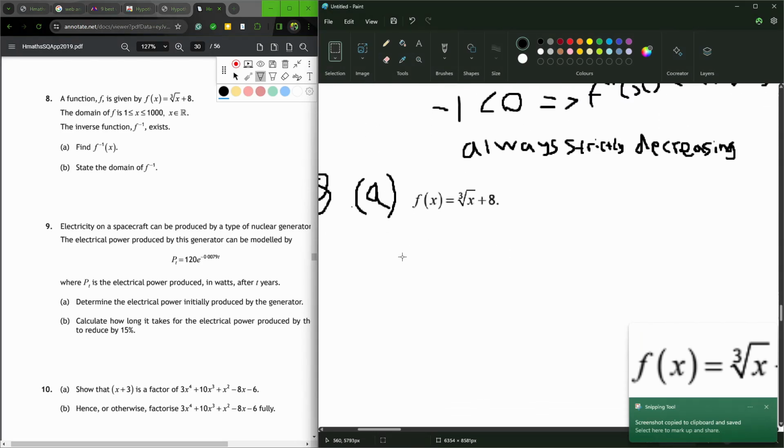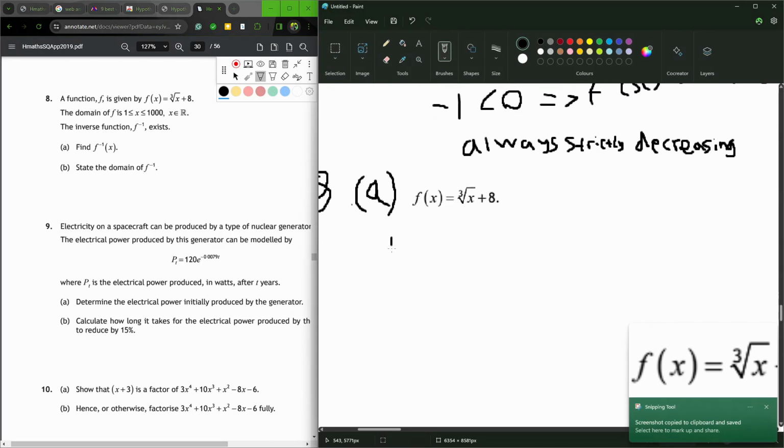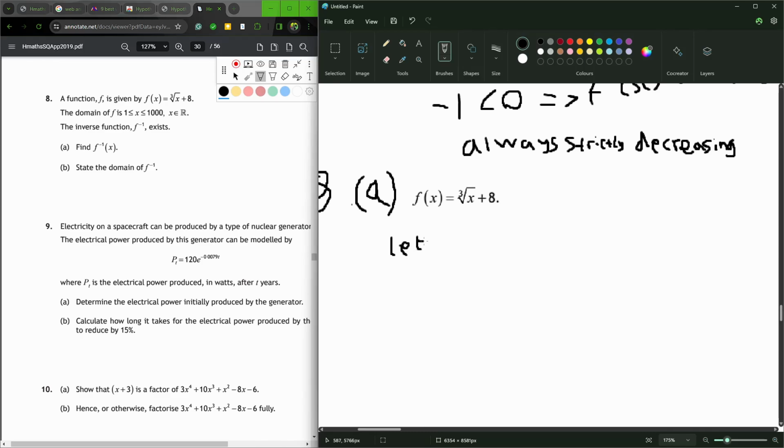Fine, here we go. And then I'm going to say let y equal f(x). So this will mean y equals cube root of x plus 8.